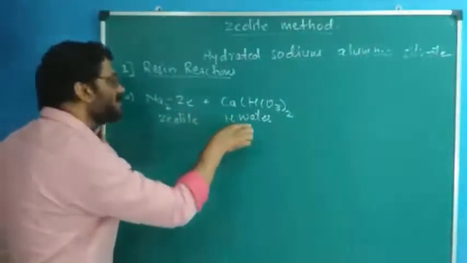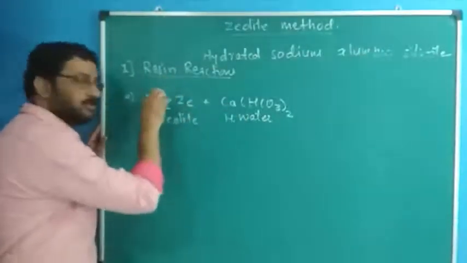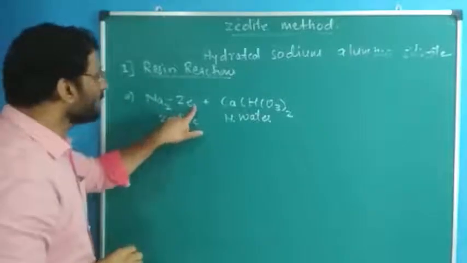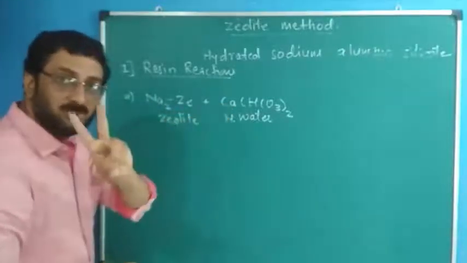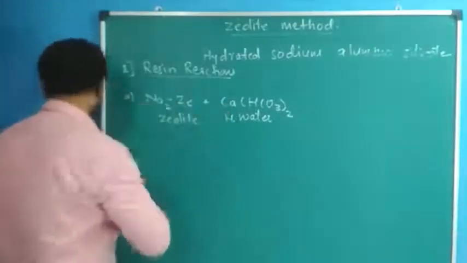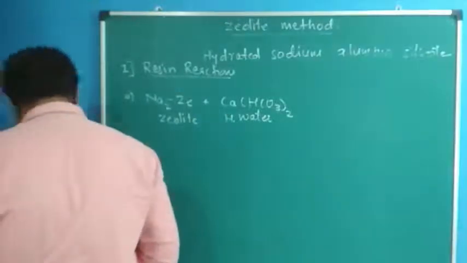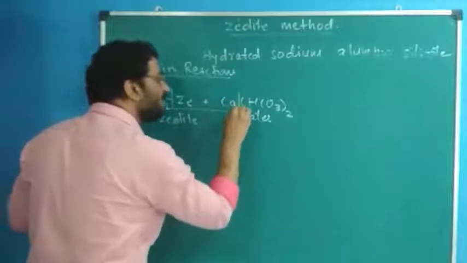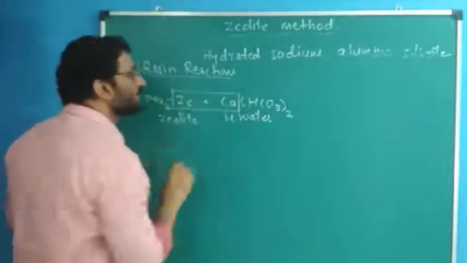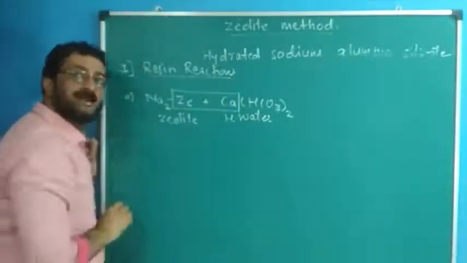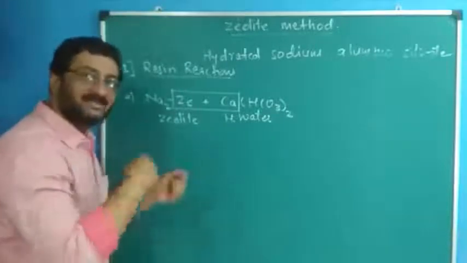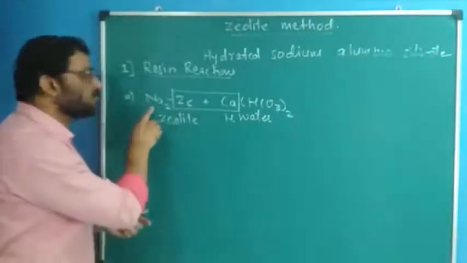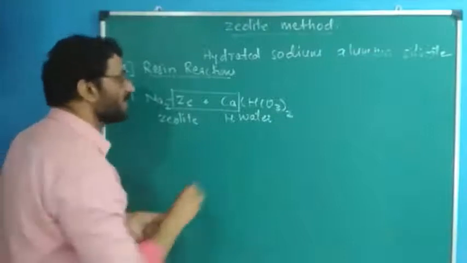So when you pass this hard water over this zeolite, what does the zeolite do? It traps these two positive ions, Ca2+. I will show it like this. This zeolite will trap these ions. Two positive charges are taken by the bed of zeolite, so in exchange, these two positive are released during the reaction.